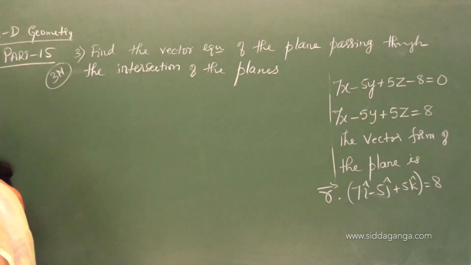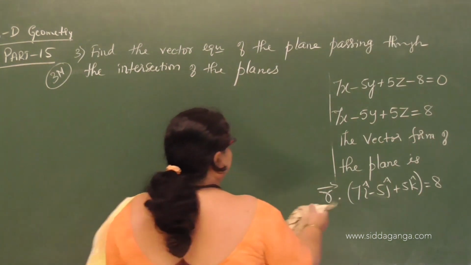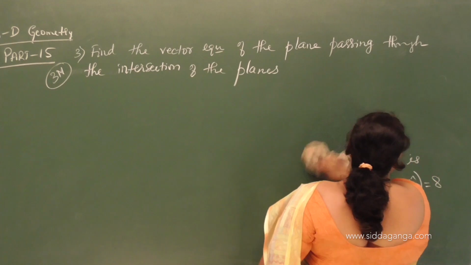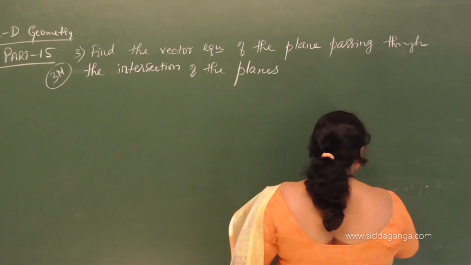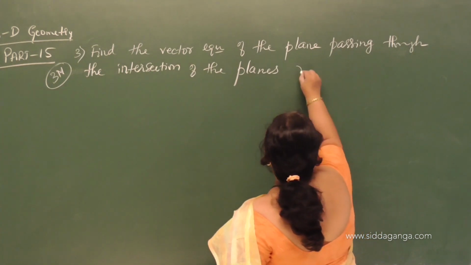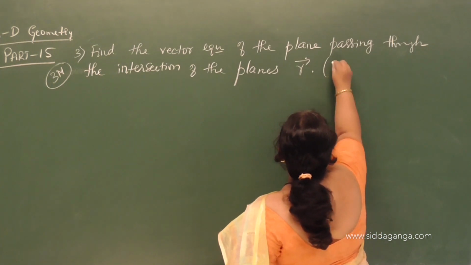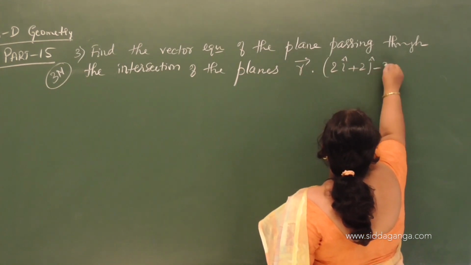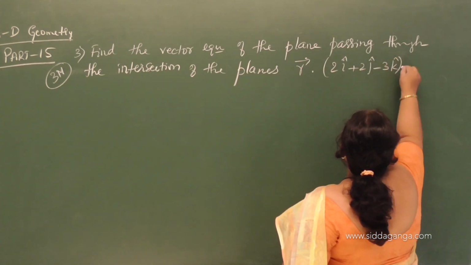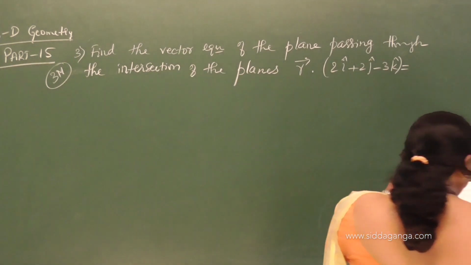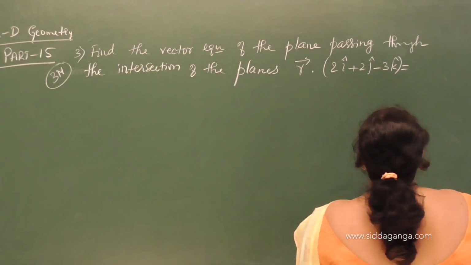So now the planes are given in the vector form. So you write the planes as vector r dot 2 into i cap plus 2 into j cap minus 3 k cap equal to 7.